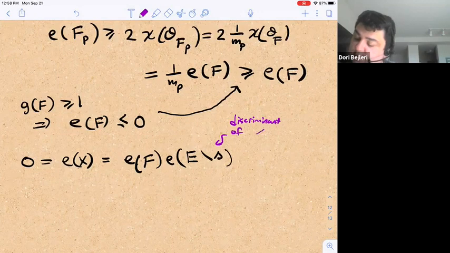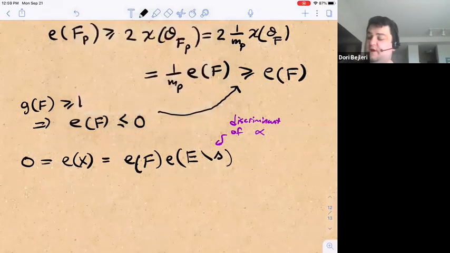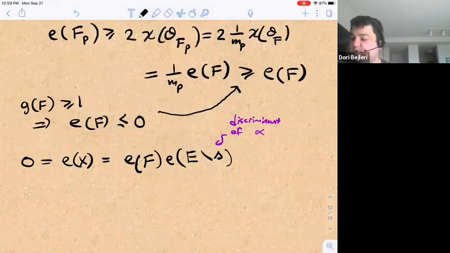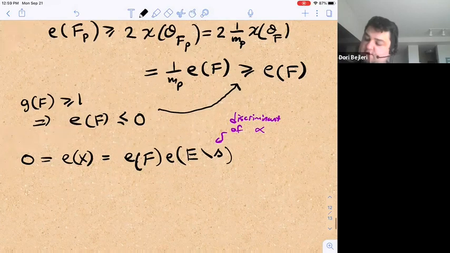of alpha. So we're just throwing out the points where the fibers are not smooth curves. Then we have this proper morphism that's smooth, so it's a fibration in topology, and so the Euler characteristic splits as a product.